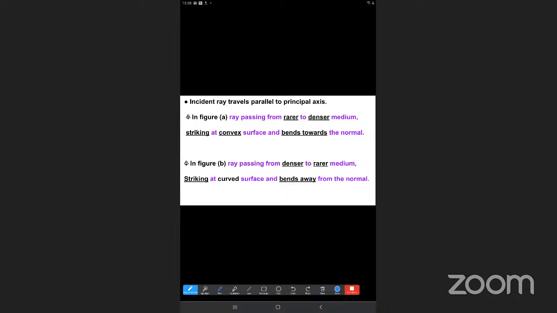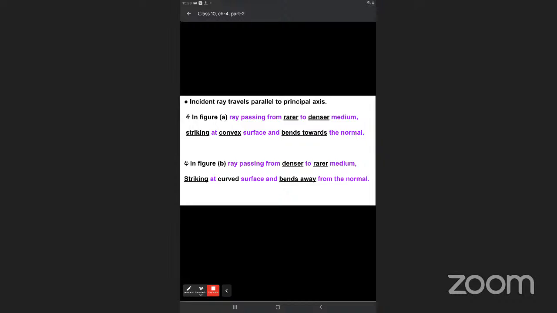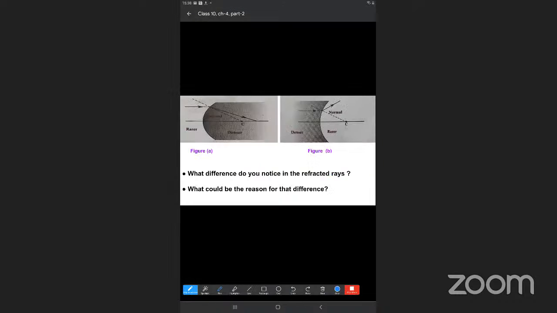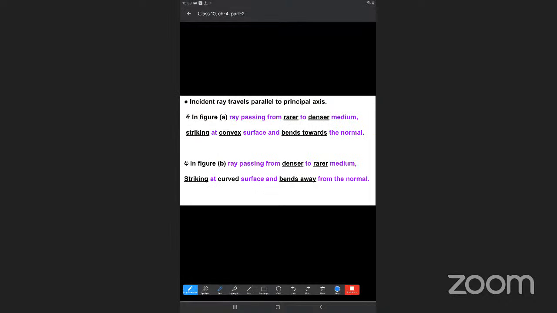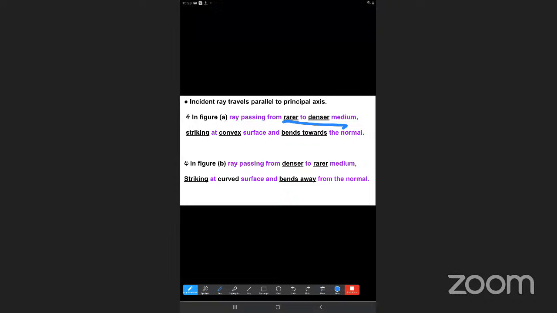In figure A, the ray passes from rarer to denser medium. You can see here it passes from rarer to denser medium, striking at the convex surface and bends towards the normal. The refracted ray bends towards the normal.